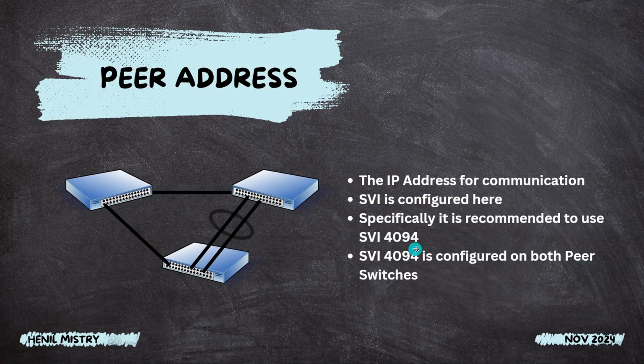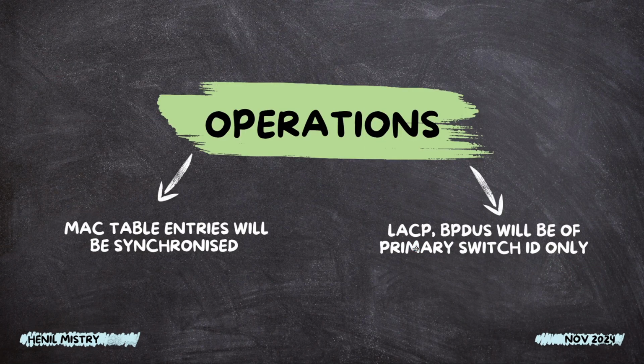So these are all the components, and MLAG does just these 2 operations. First, MAC table entries will be synchronized on both of the peer switches.